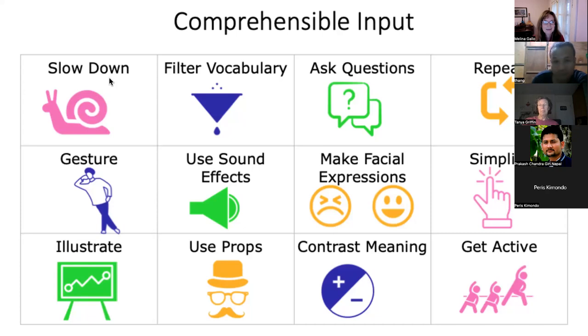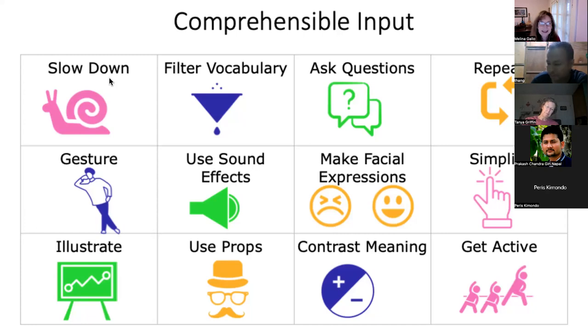So feel free to use sound effects that you make with your voice. You can even play recordings, right? So you could play a recording of a bird song and say, what is this? This is a bird. But engaging all of the senses can really help them learn and retain information.